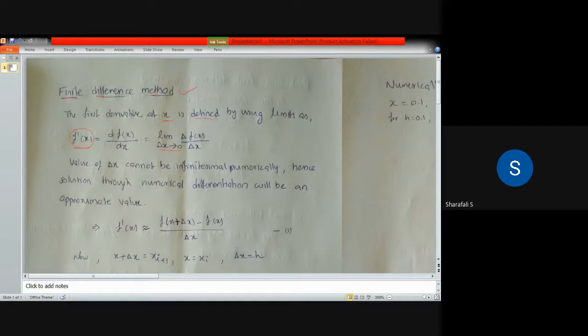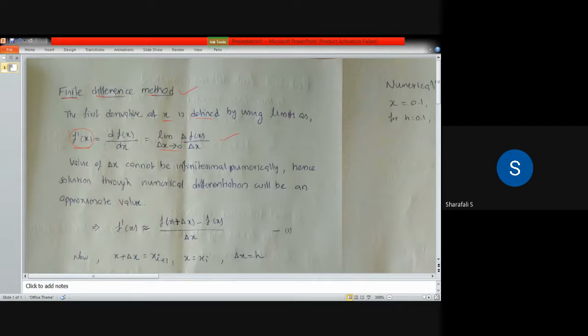If you consider any function and you want to find out the differentiation of that function at any point x, then that can be defined by using the limit in this equation.